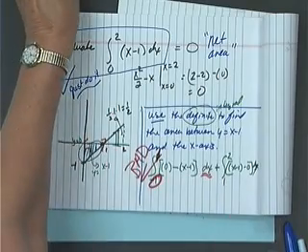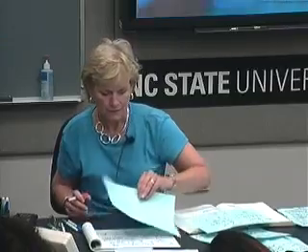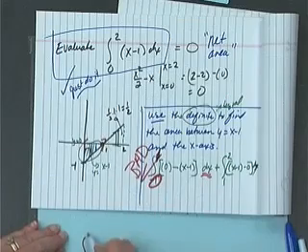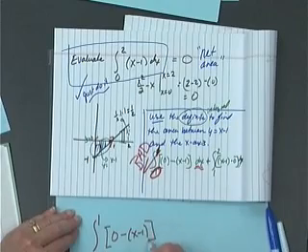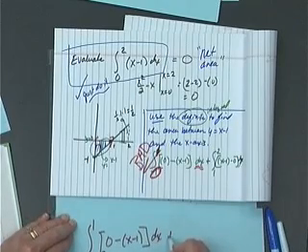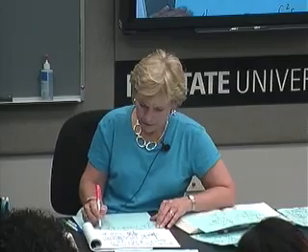Let me go back in here. Let me rewrite it. We're going from 0 to 1. 0 minus x minus 1 dx plus the integral from 1 to 2 of x minus 1 minus 0 dx.